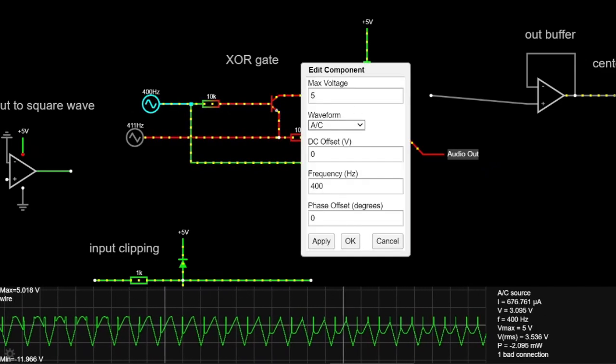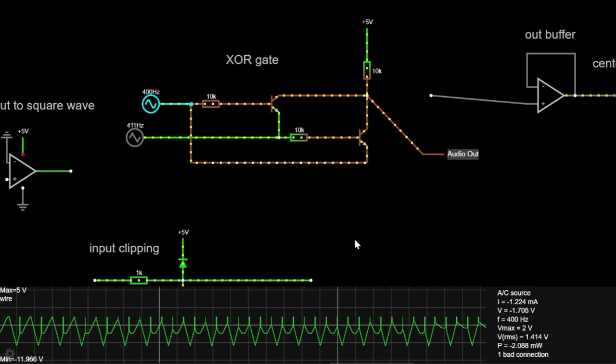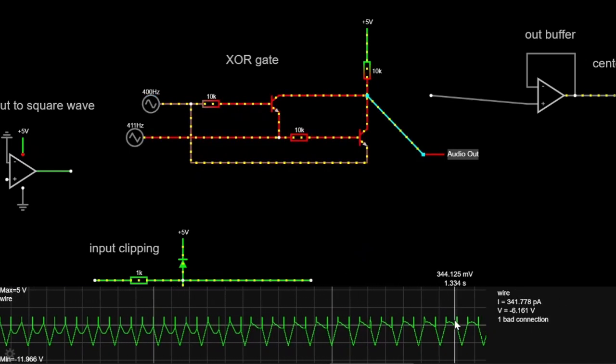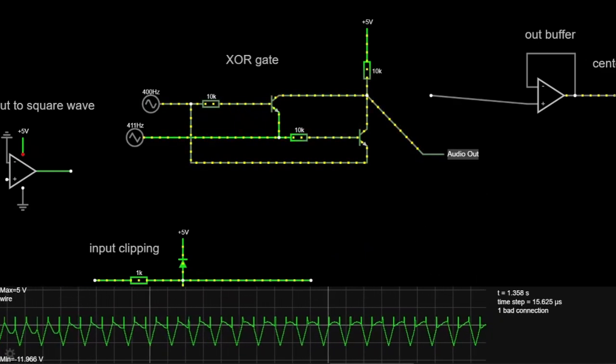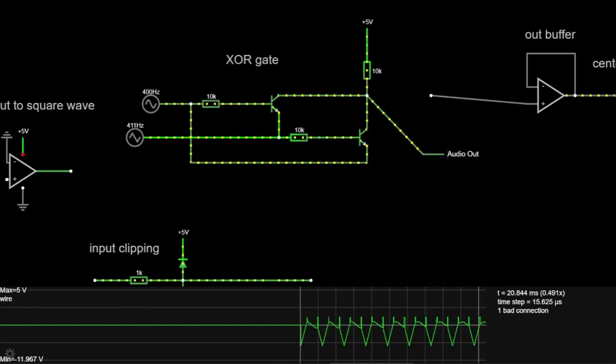What can happen if I would, for example, lower this voltage down? You know what this looks like? It looks like a fuzz pedal, actually, exactly. So we could actually listen to this if we wanted to.